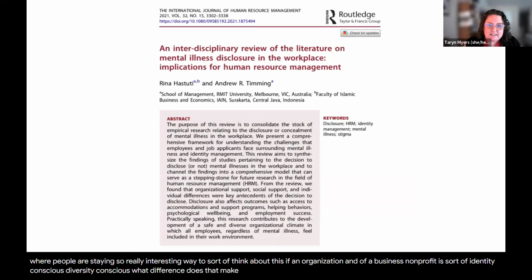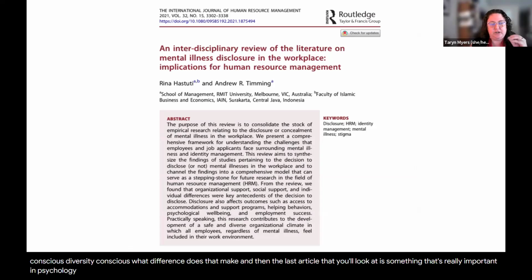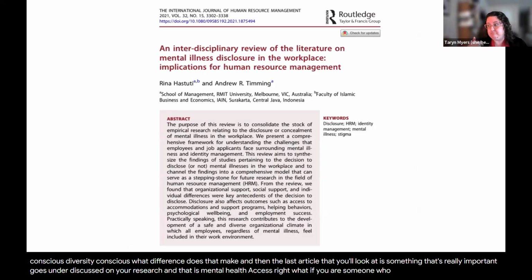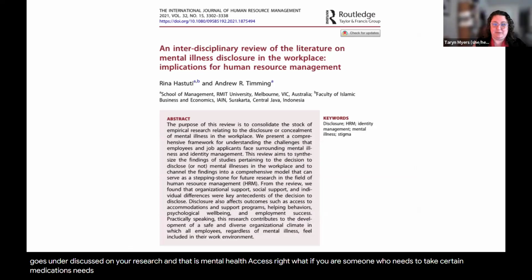And then the last article that you'll look at is something that's really important in psychology, but often goes under discussed, under researched, and that is mental health access, right? What if you are someone who needs to take certain medications, needs to take time off to go to your weekly therapy sessions, or do a week or two of intensive outpatient training therapy?